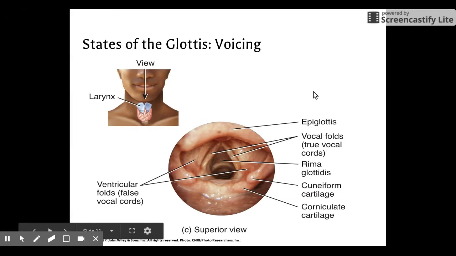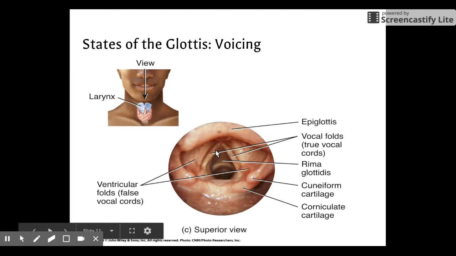Now let's take a close look at the larynx, specifically the glottis. If we have a camera that goes all the way down in this direction and reaches the larynx, this is what we are going to see.